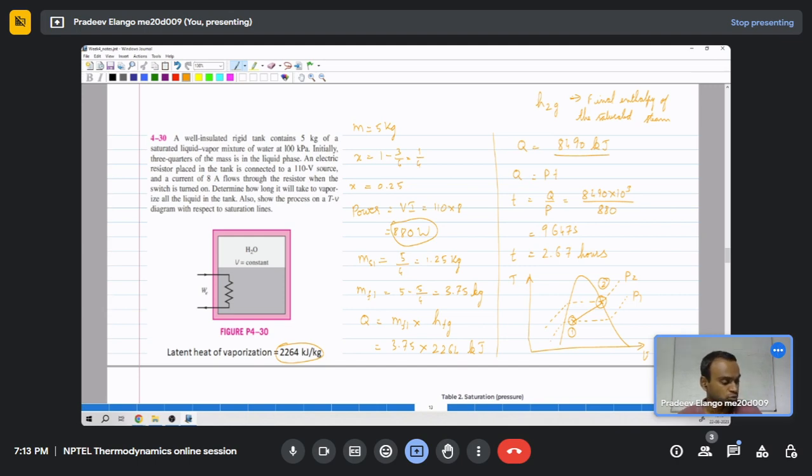Similarly, H1 is H1F plus X1 into HFG at state 1. For this pressure you can find the HFG from the table and then use X1 to calculate this. This is a more accurate way, but for simplicity I have taken it like this.